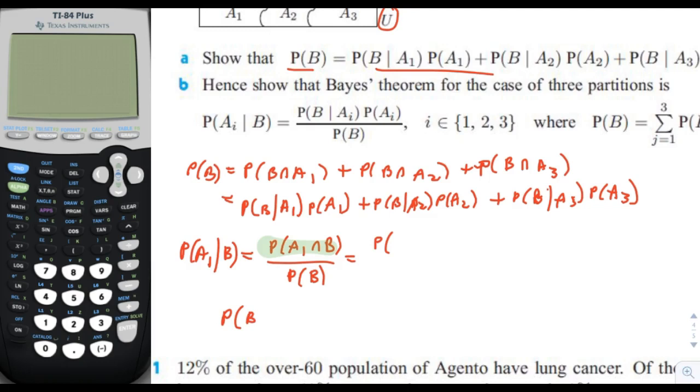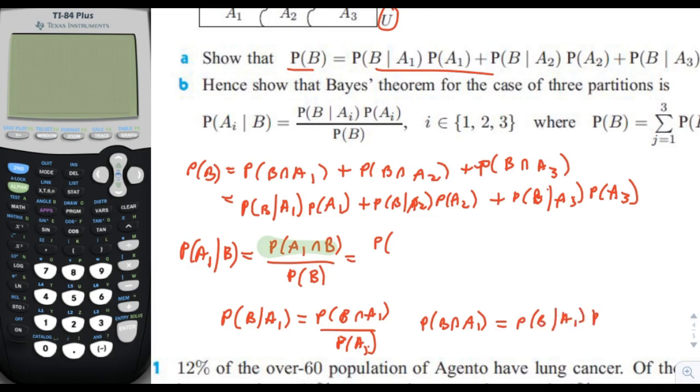Probability of B given A1 happening is equal to the probability of B intersect A1 happening divided by the probability of A1 happening, right? So I could rewrite this as the probability of B intersect A1 happening is equal to the probability of B given A1 happens times the probability that A1 happens.